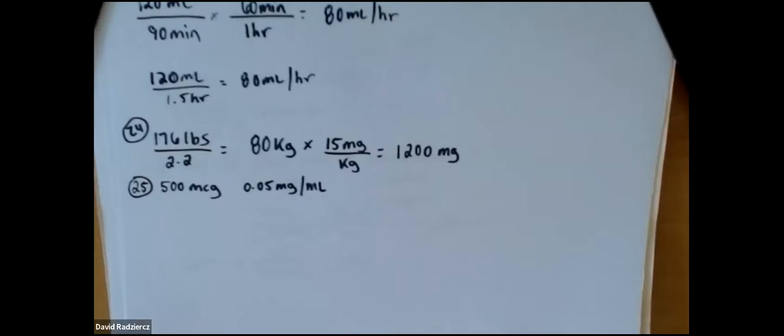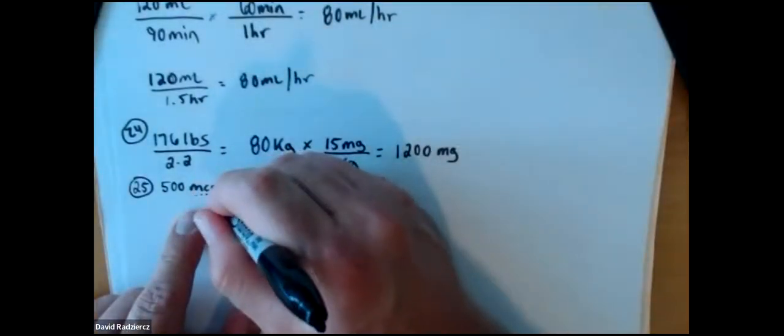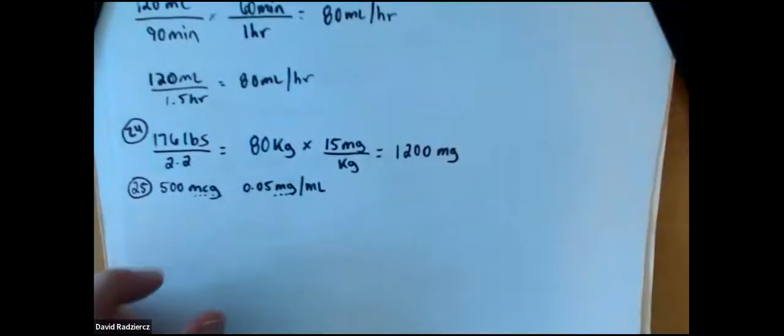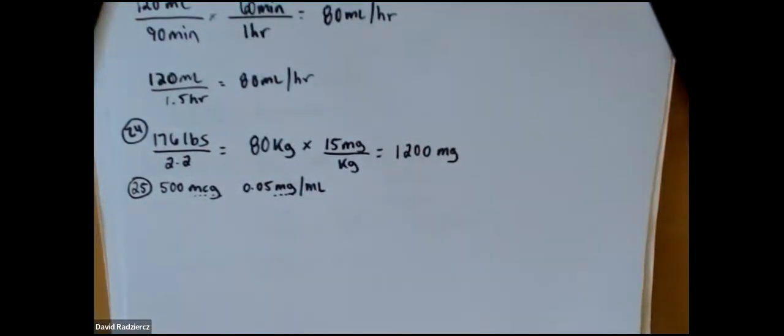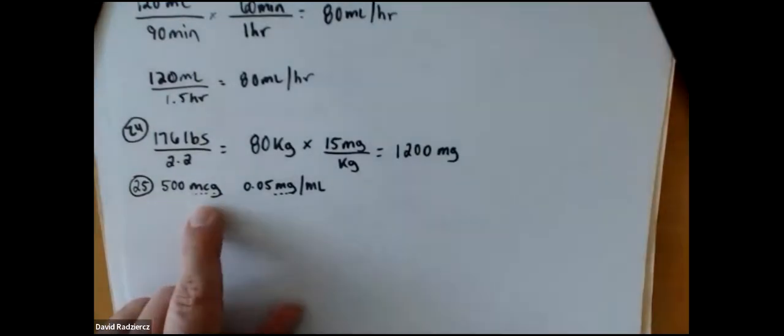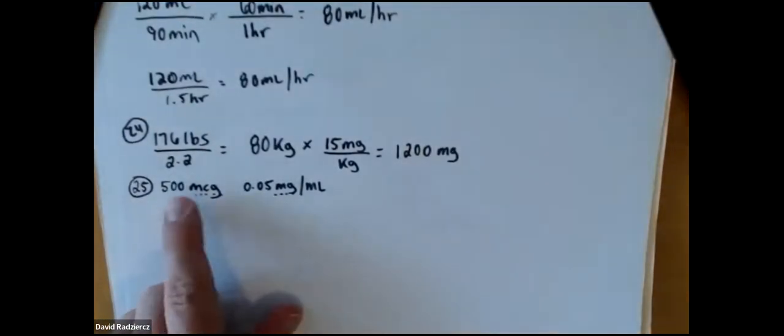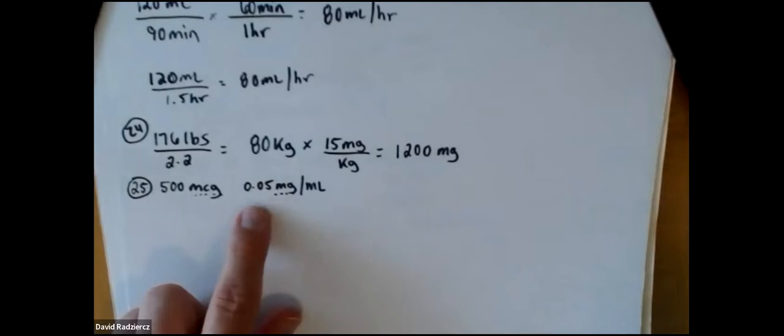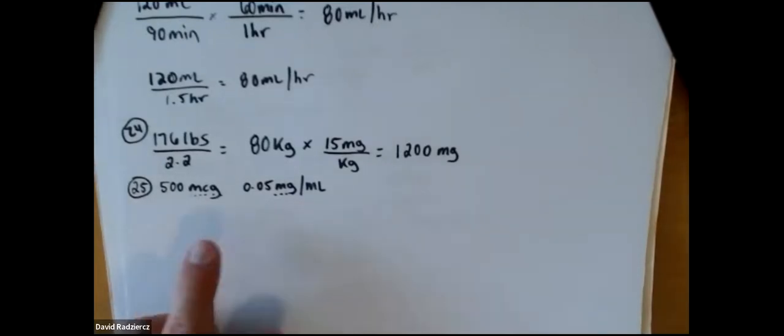Now, with this, I have two different units. I have micrograms and I have milligrams. I need to convert one or the other so that they're the same units. We can't really do math efficiently, or at least science-based math efficiently, if these are not the same.